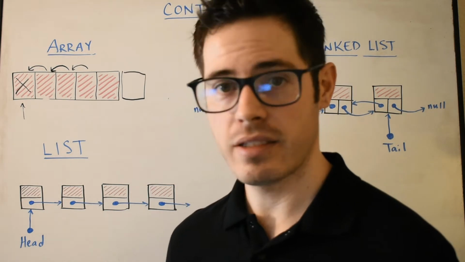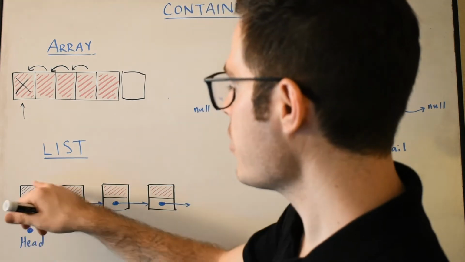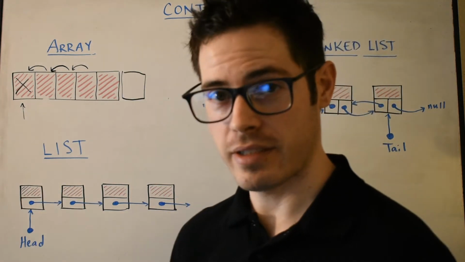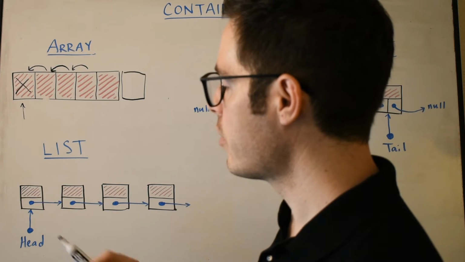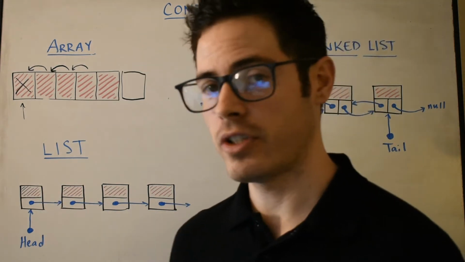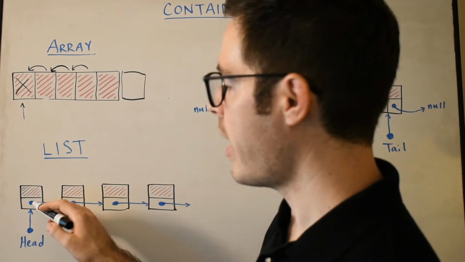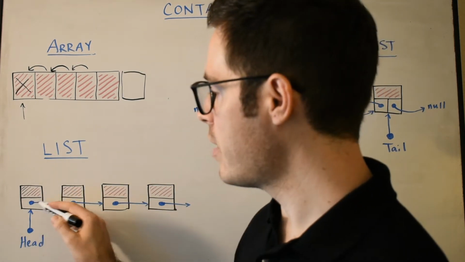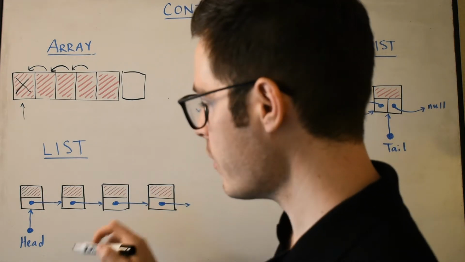In reality, lists contain more functionality than this, but say you have a node in a list and it has two main components. The first component is the data. So the data is going to be whatever you're storing in the list. The second component is a pointer, and that pointer points to the next item in the list. It points to the next node.